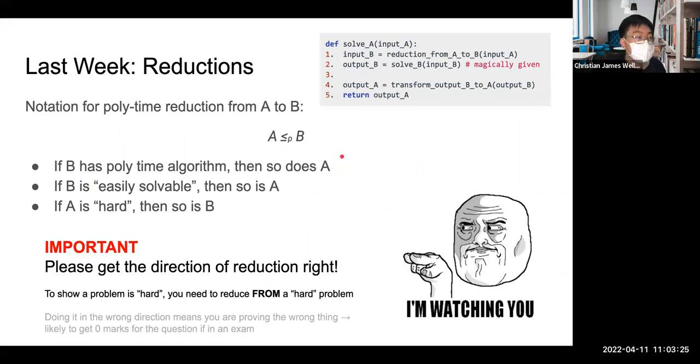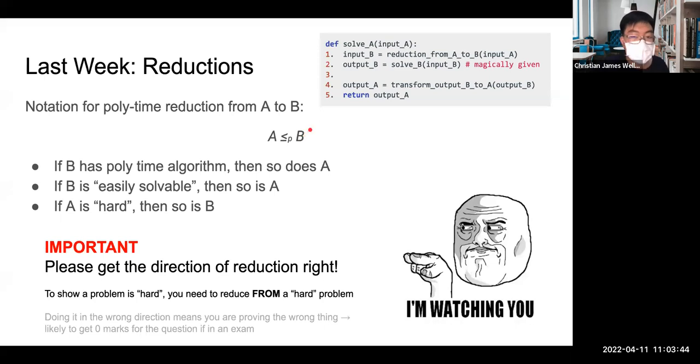And these are the implications. If A reduces to B, it means that if B has a polynomial time algorithm, then A also has a polynomial time algorithm. Let's just focus on the third statement. If A is hard, then B is also hard.